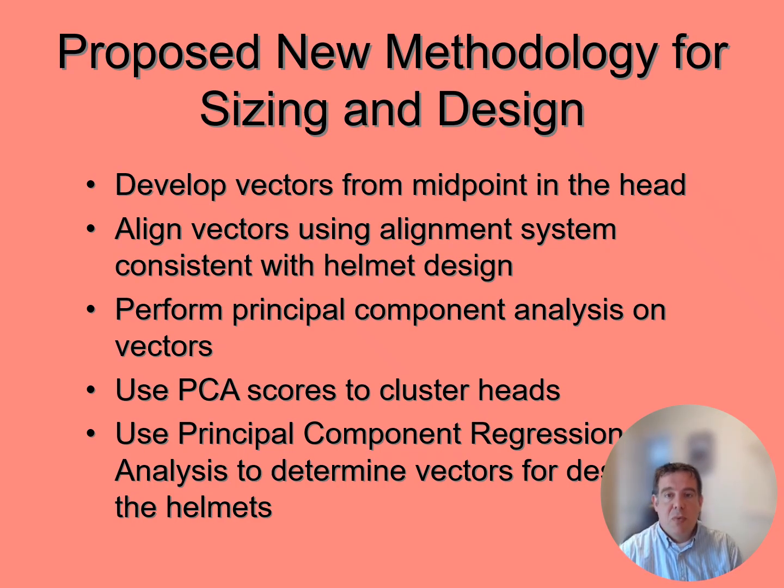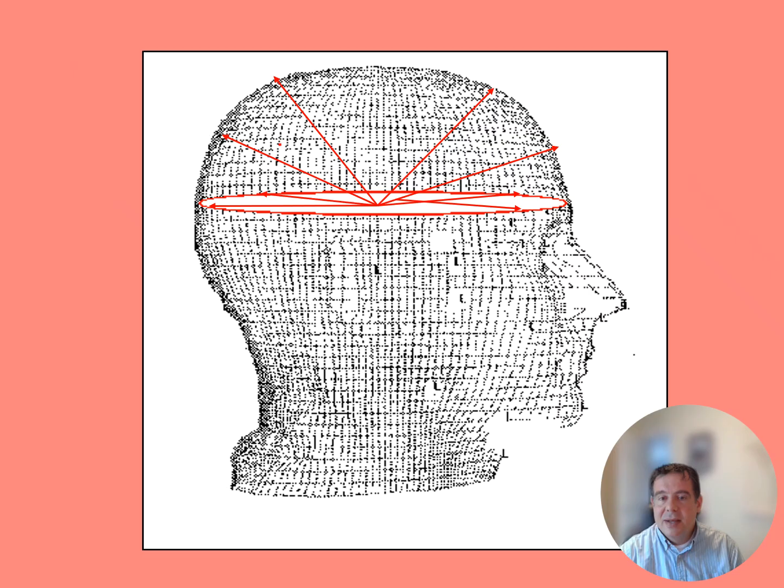So they were proposing new methods to design it, to develop vectors from the midpoint of the head, align these with the helmet design. So this was a whole new way to design a helmet. And so they came up with this principle using component regression analysis. So let's take a look at that. So for sizing this helmet, they took the midpoint and going around with the circumference as well as the distance between to help fit that helmet.